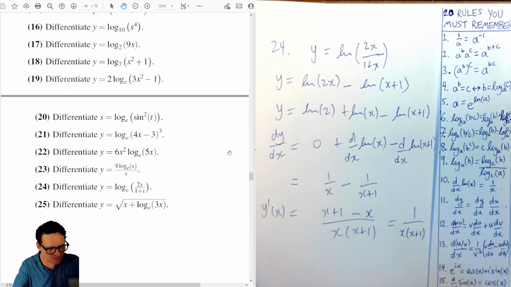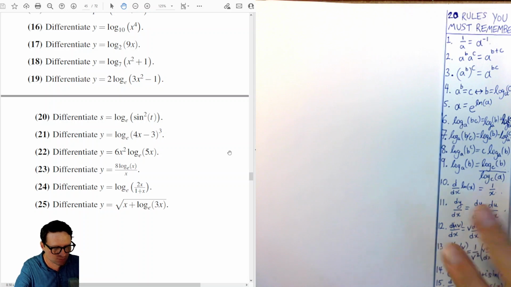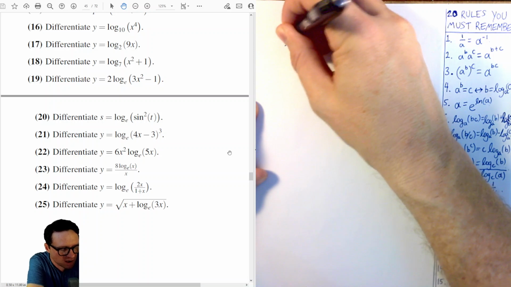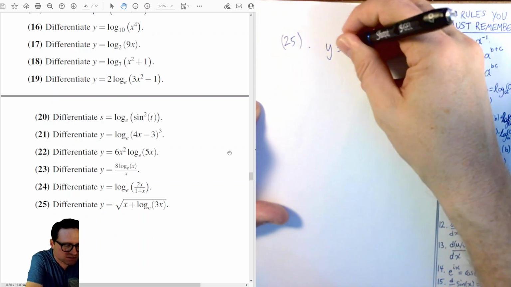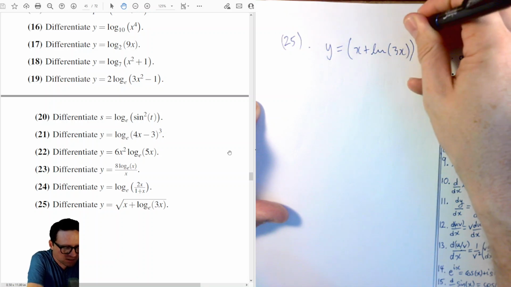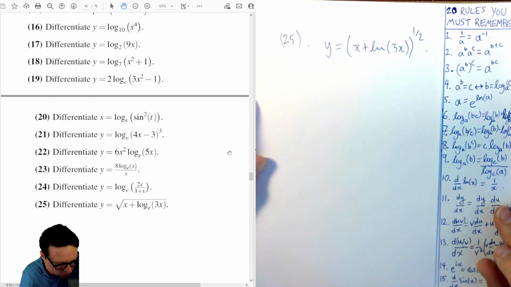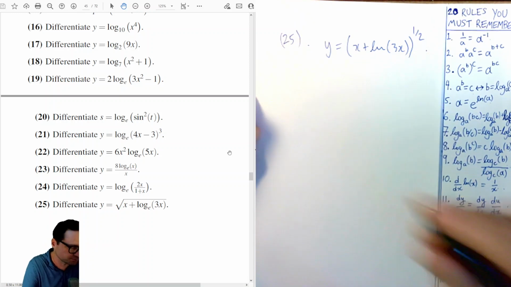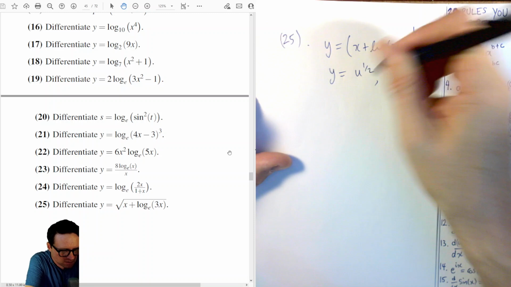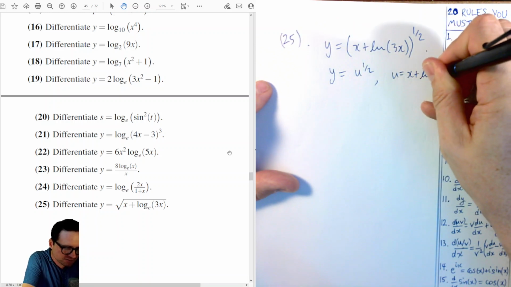All right, last problem in the list is question 25. But as we write this, let's rephrase this as a power of a half. So 25, y equals x plus the natural log of 3x, all to the power of a half. So it's clear that we need to use the chain rule for this one. So let's call this y equals u to the power of a half, where u is x plus ln of 3x.